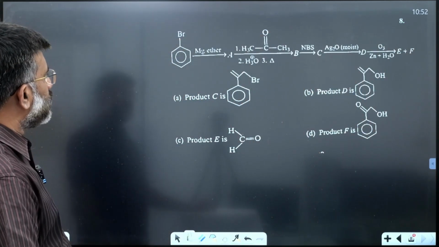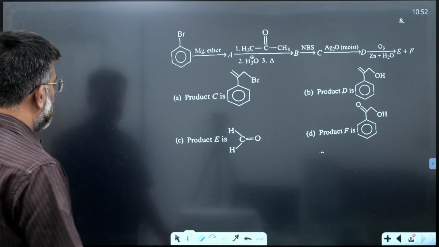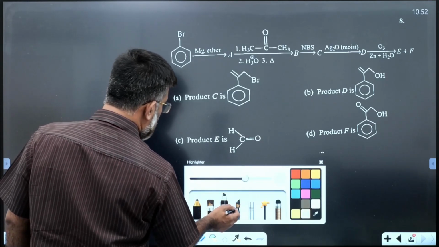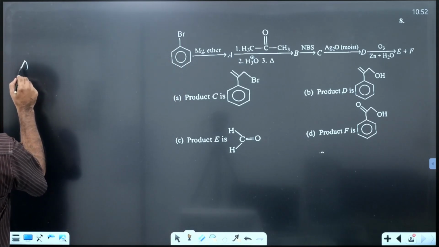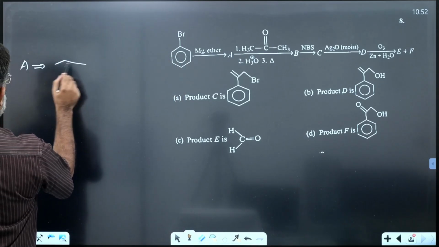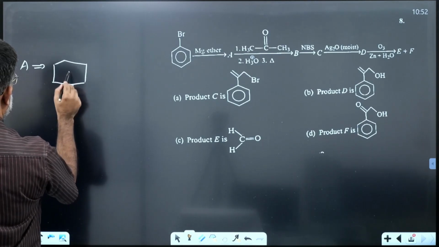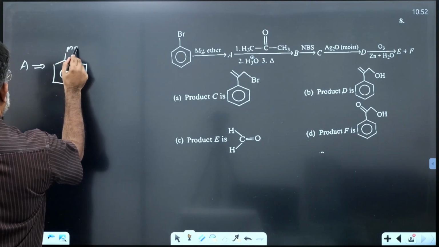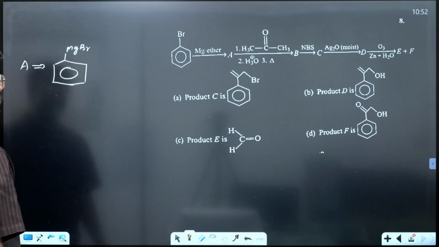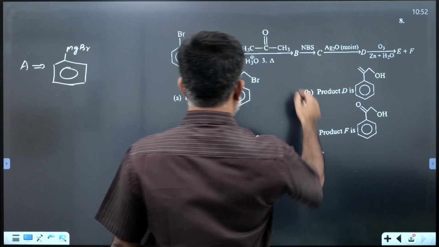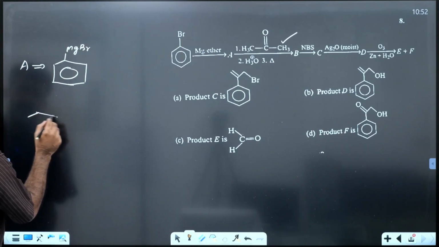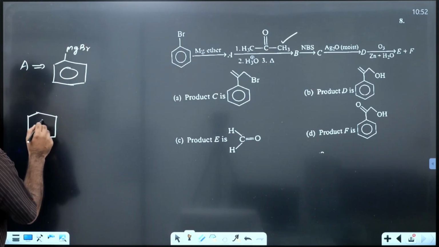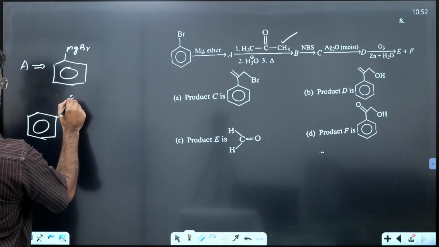There is a sequential reaction available. Bromobenzene with magnesium in ether: A is nothing but the Grignard reagent. Now, that interacting with acetone, you get a tertiary alcohol.